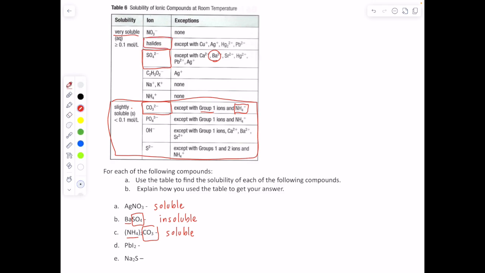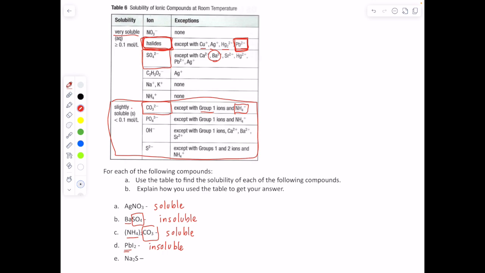The only exceptions, where halides are not very soluble, are those paired with copper, silver, mercury, and lead. So, a halide is very soluble unless it's paired with lead. In this case, because the halide, iodide, is paired with lead, it will not be soluble.